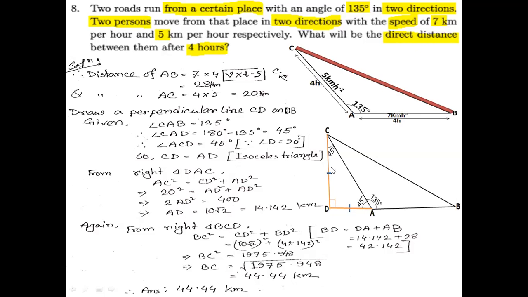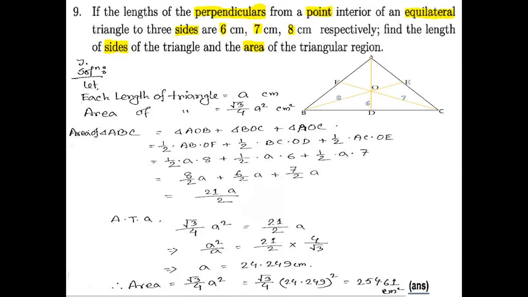After finding the angles, we get the isosceles triangle, so these two lengths are equal. Then we go for this small triangle, after that the total big triangle, and then we will get our answer. Clear? Okay, thank you.